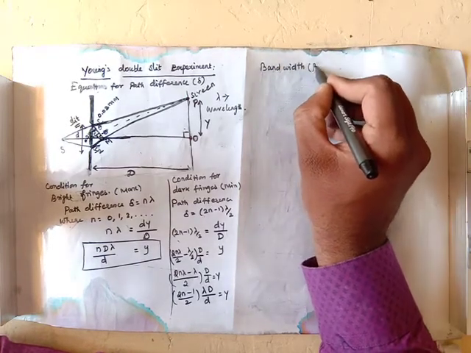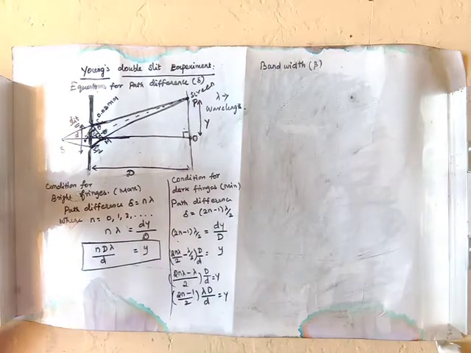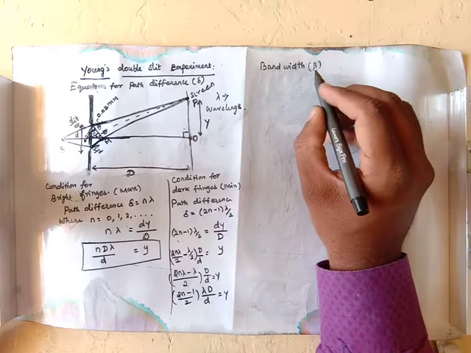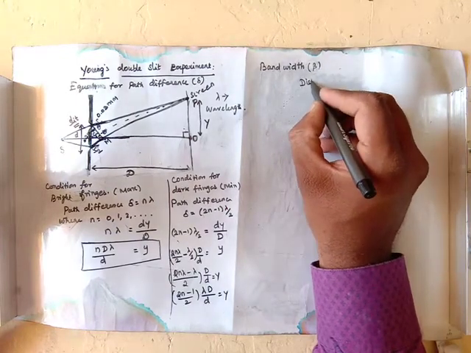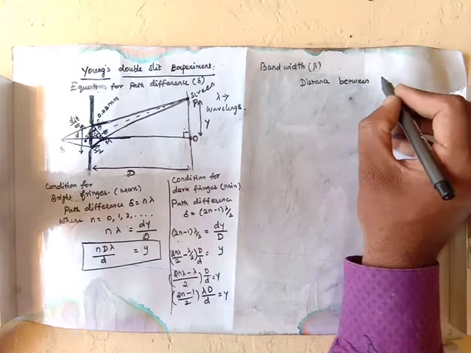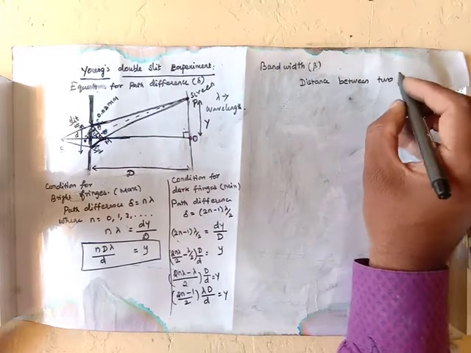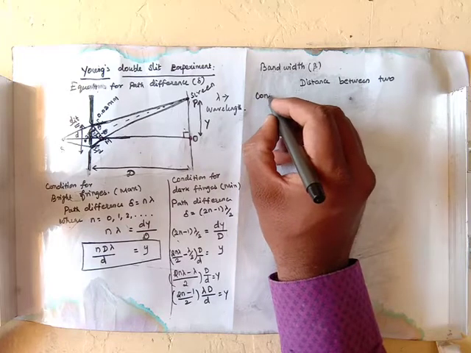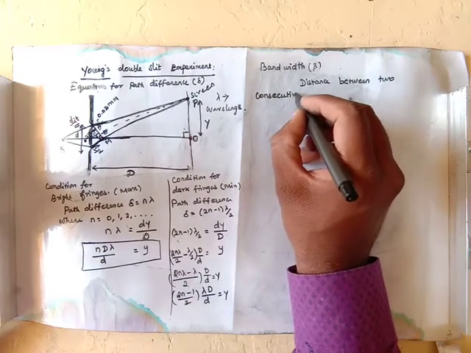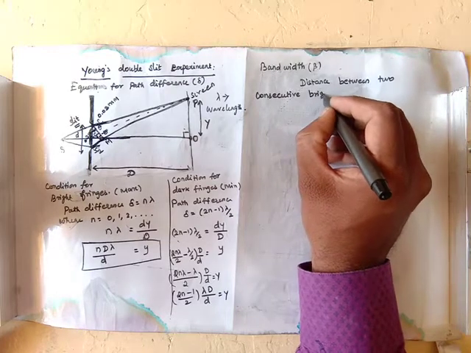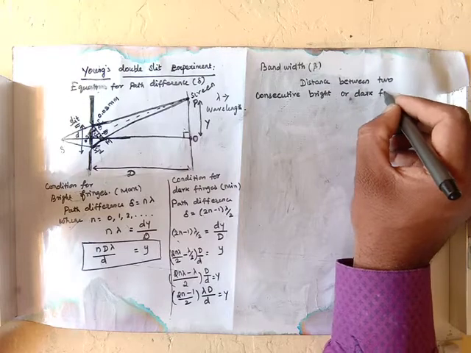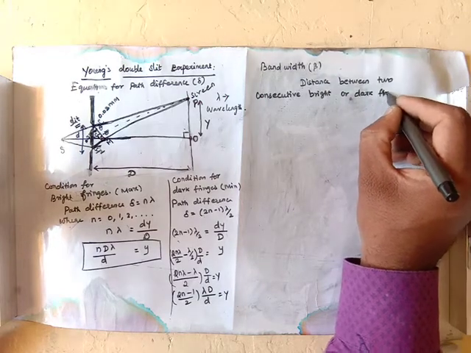It is not the letter beta. What is meant by bandwidth? Bandwidth is defined as the distance between two consecutive bright or dark fringes.